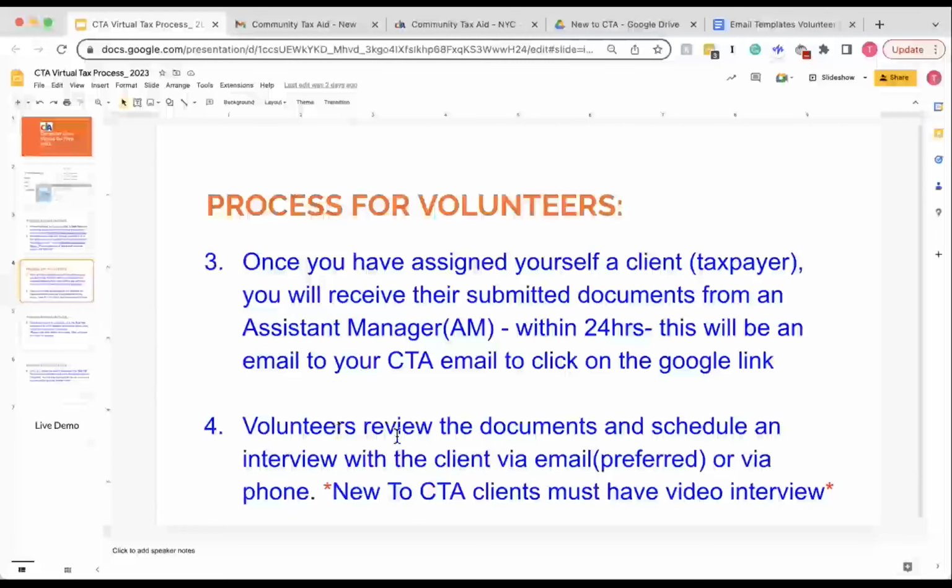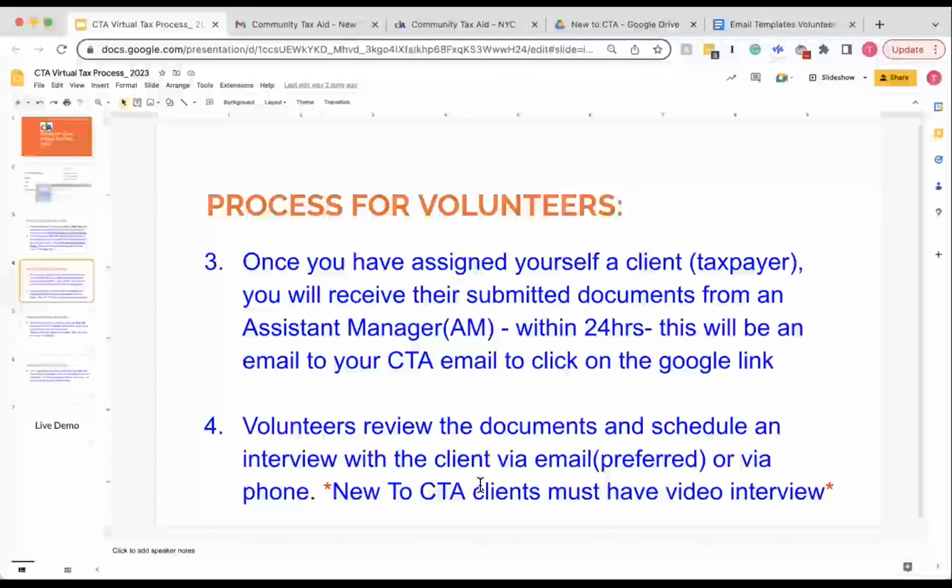Number 4, volunteers review the documents and schedule an interview with the client via email, which is preferred, or via phone. New to CTA clients must have a video interview. If you know that this taxpayer has been with us before and you are comfortable having a phone interview with them, that's fine. But if it's a new client, we have to verify their identity.